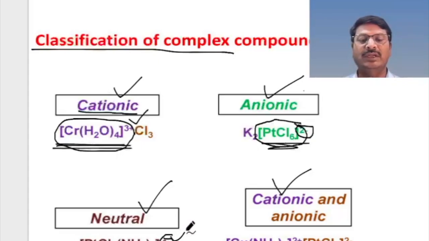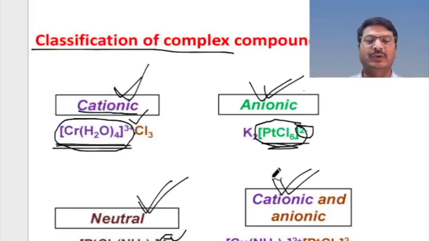The total charge of the complex is 0, so it is called neutral. And one more thing, cationic and anionic: it contains a total of 2 complex moieties, one with a positive charge and the next with a negative charge. Like that, you divide the complex compounds into 4 types: cationic, anionic, neutral, and cationic and anionic.